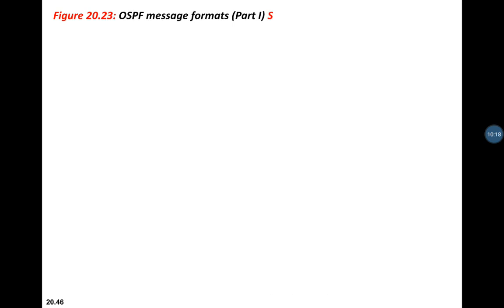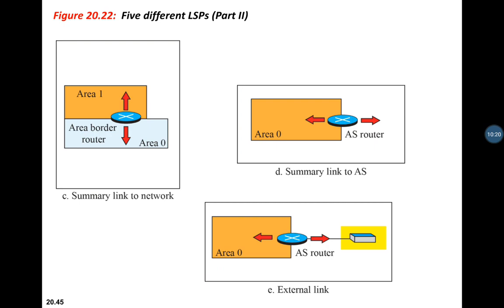Next we have summary link to network. Summary link to network is done by an area border router. It advertises the summary of the links collected by area 0, which is the backbone network, to an area, or the summary of the links collected by an area to the backbone. It can be vice versa.